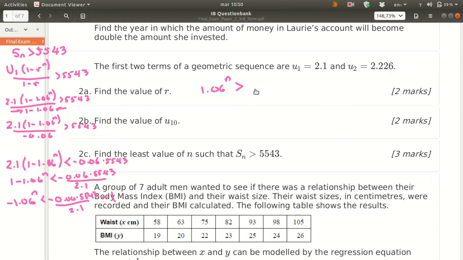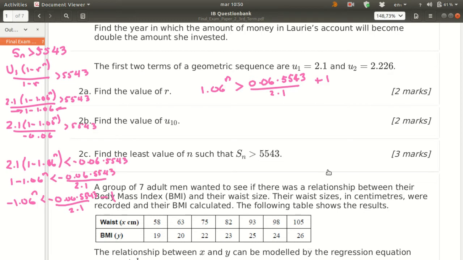That part is super important, okay? So 0.06, I got rid of this negative as well because I multiply by the negative 1, times 5,543 over 2.1, and then minus 1 becomes plus 1.